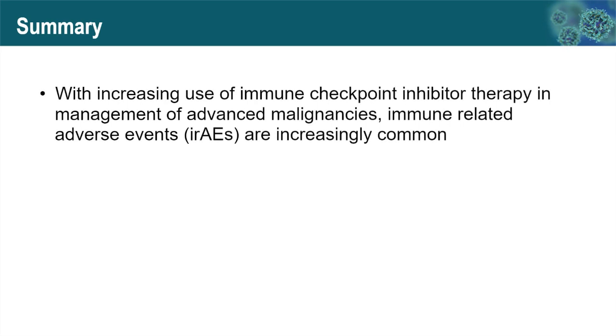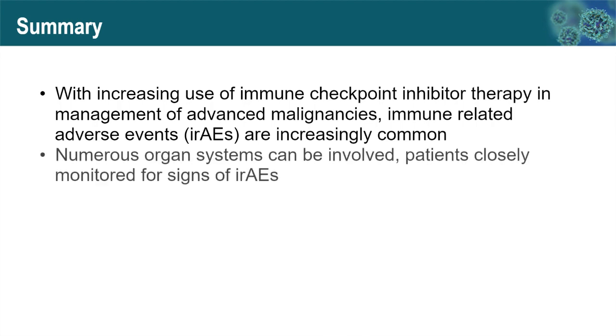In summary, with the increasing use of immune checkpoint inhibitor therapy in the management of advanced malignancies, immune-related adverse events are an increasingly common finding. Numerous organ systems can be involved, and patients should be closely monitored for signs of immune-related adverse events.